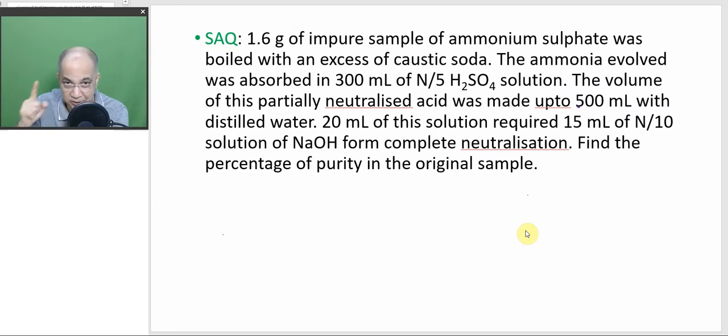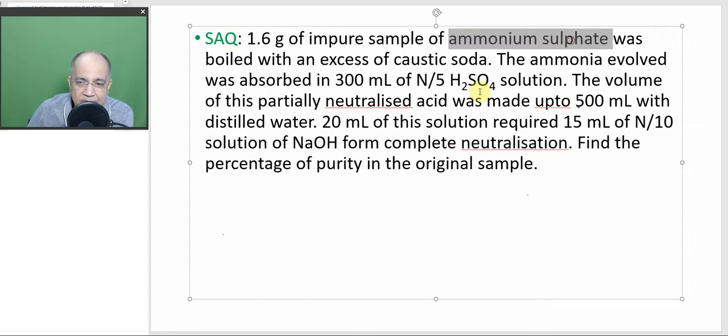Read with me. 1.6 gram of an impure sample of ammonium sulfate, again an impure sample, was boiled with an excess of caustic soda, NaOH. You know that any ammonium salt, when heated with any base, ammonia escapes. Ammonia is formed. The ammonia gas evolved was absorbed, but here we will not allow that to escape.